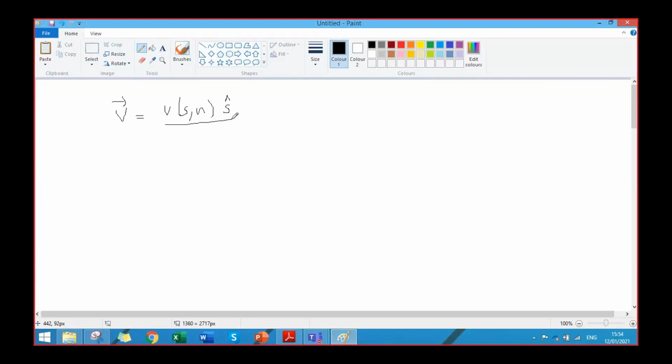Just like the component u is a function of x, y, z as well as time, but it is along the unit vector i. Here it is the same concept: V is a function of s and n, but it is along the streamline direction.